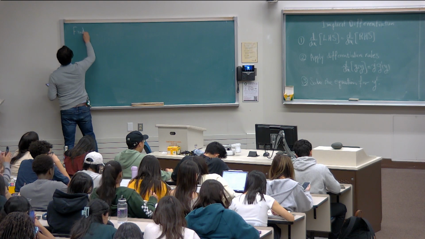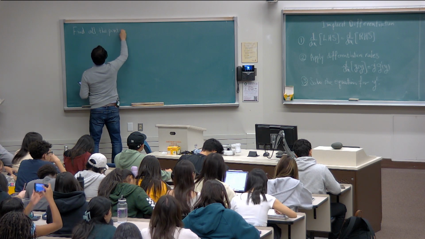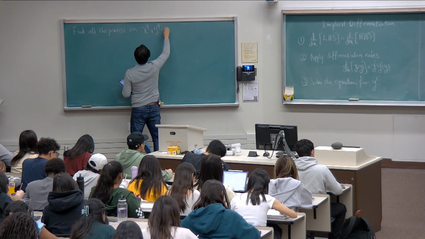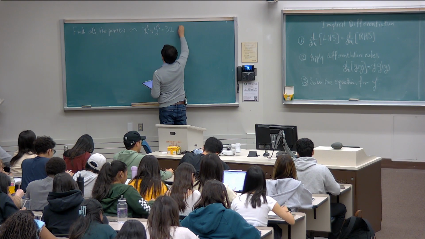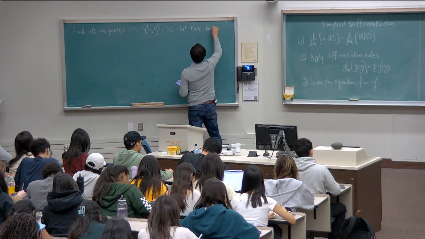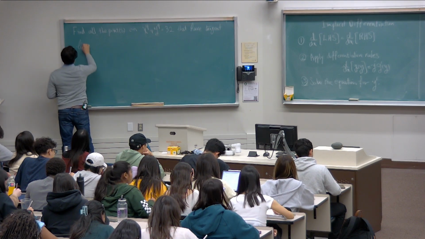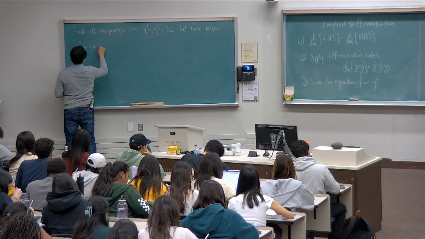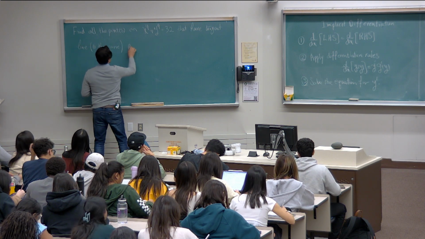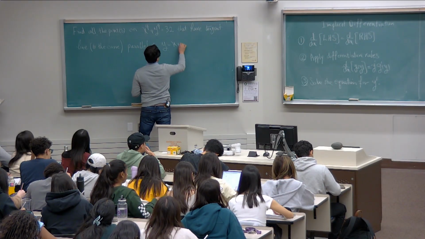find all the points on the curve that have tangent line to the curve parallel to y equals x plus 1.